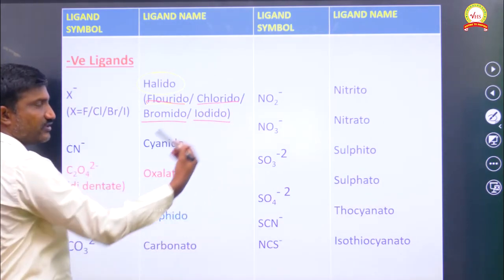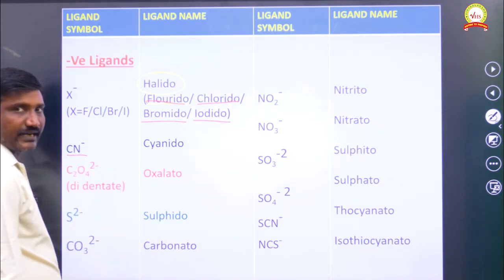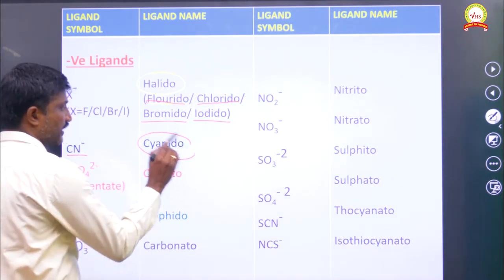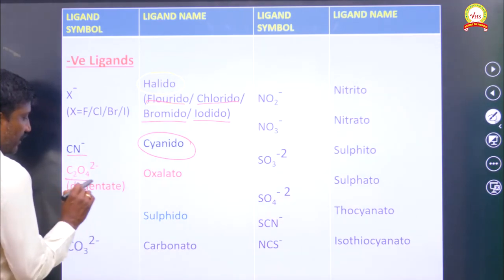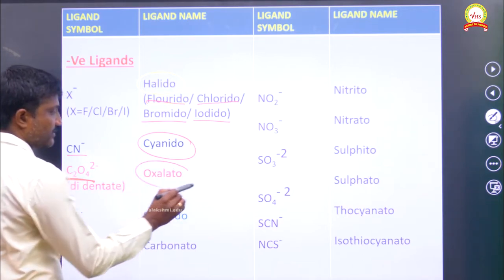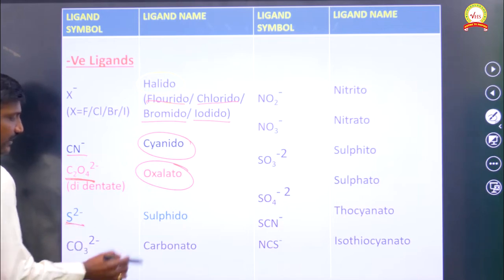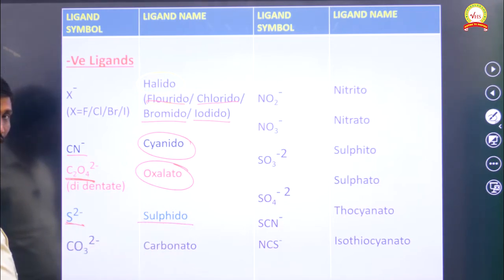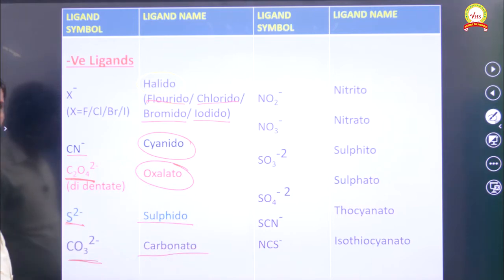Here each name ends with what? O. Now, if CN minus is there, then we write cyanido. If C2O4 2 minus is the ligand, then we write oxalato. And if S 2 minus is there, then sulfido. If CO3 is there, then we write carbonato.